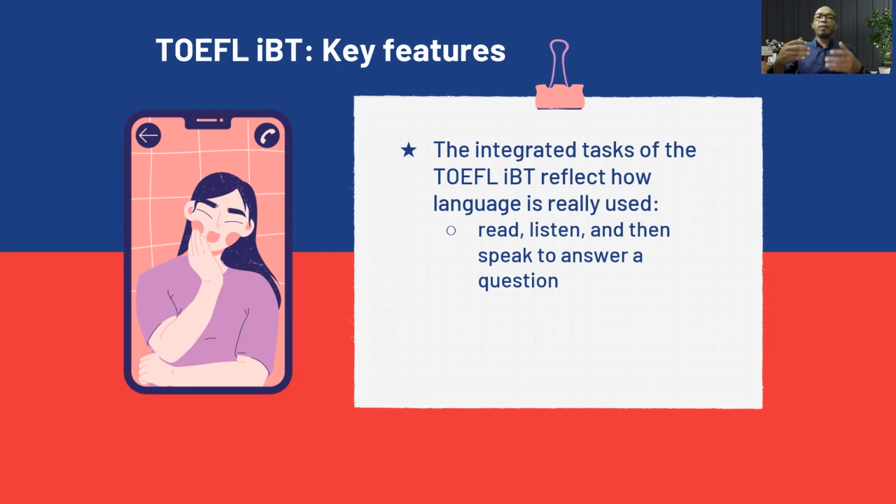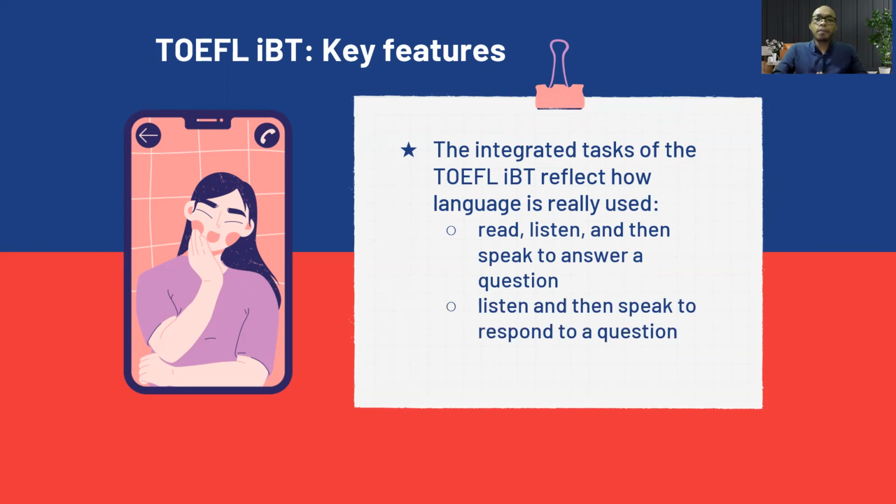Okay, so through this kind of integrated task, you are showing that you have all the necessary skills to not just understand the information, but also to relay or convey the conversation to other people, especially in academic setting. Keep a note on that.